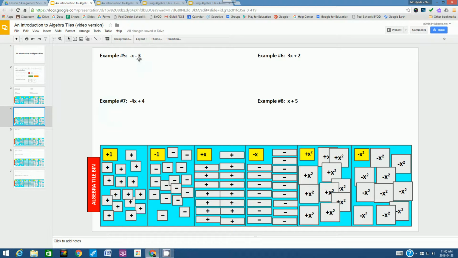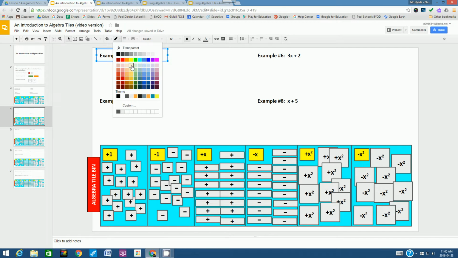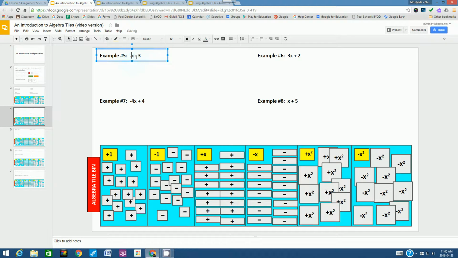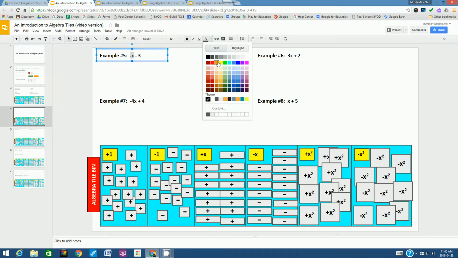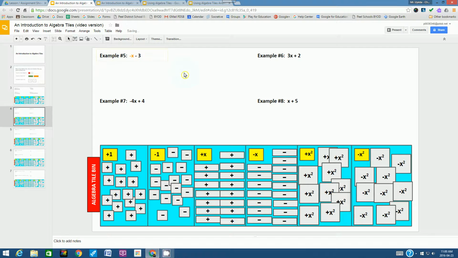Example 5. So we have a combination of things here. Let's look at one thing at a time. Let's look at the negative x first. Let's look at this part first. All right, so negative x. So let's bring over a negative x.